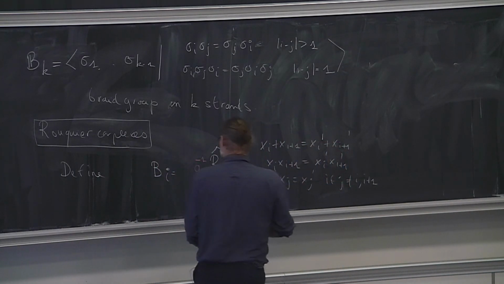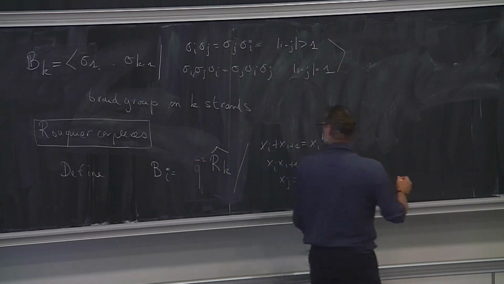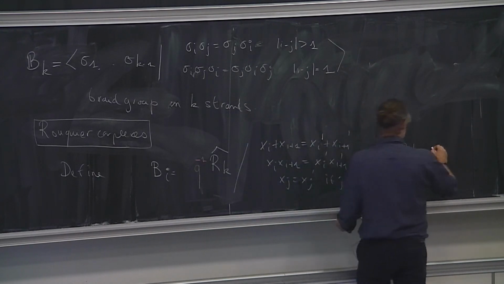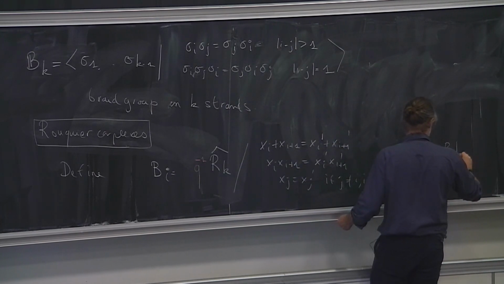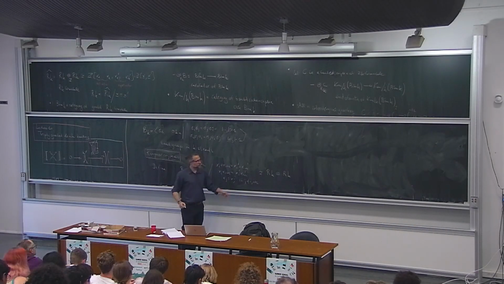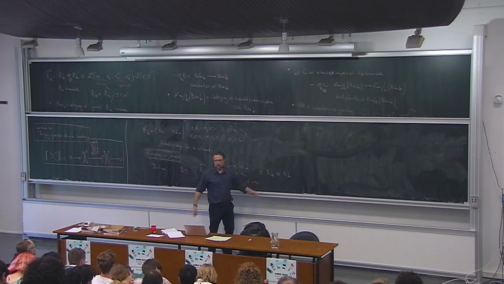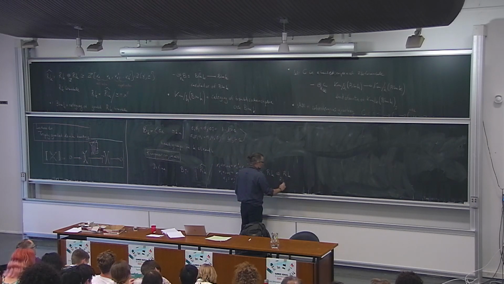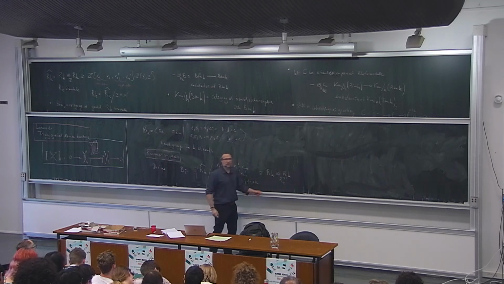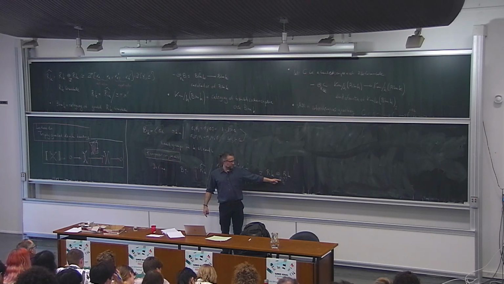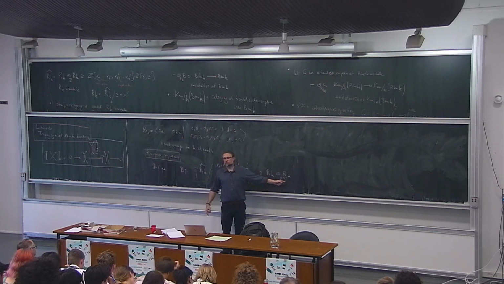Okay, and another way to present this is you take R_k, you tensor over R_k, but then not over just E, as I did before when I defined R_k hat, but over R_k^{s_i}. So what is R_k^{s_i}? This is the polynomial ring in k variables which are invariant under the action of the transposition s_i.